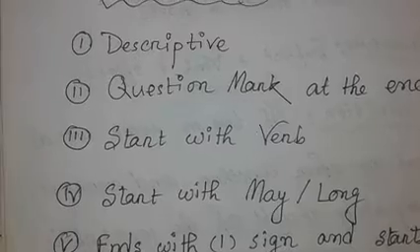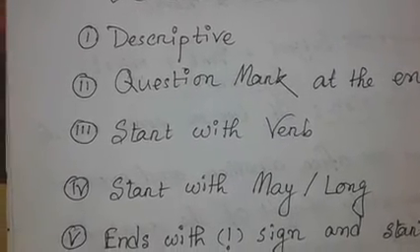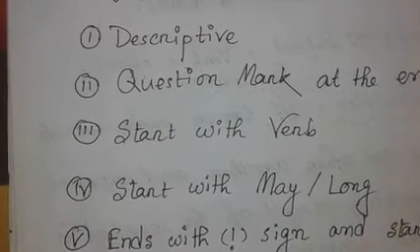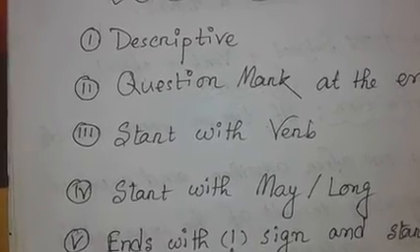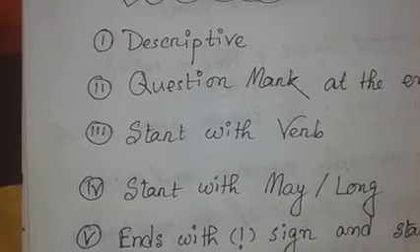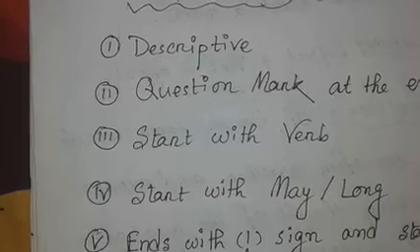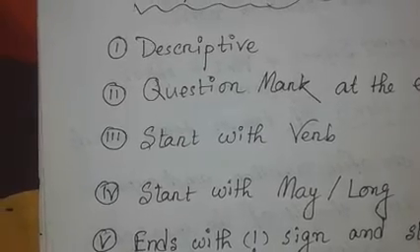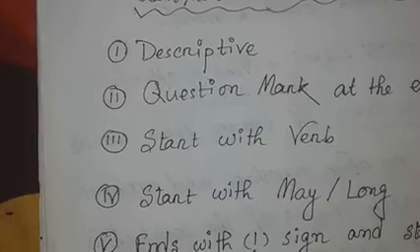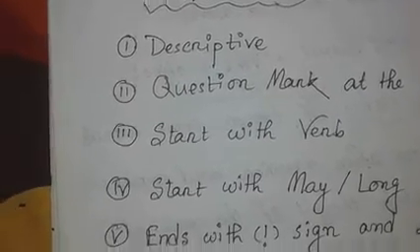And another point is that an interrogative sentence starts with an auxiliary verb. So if any sentence starts with an auxiliary verb and ends with a note of interrogation or question mark, the sentence must be an interrogative sentence.